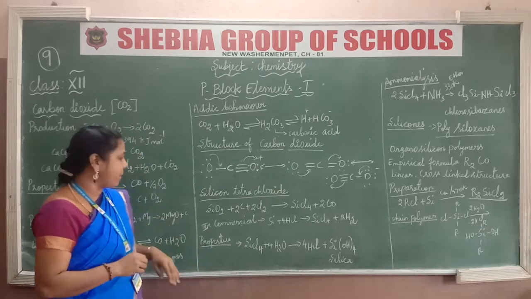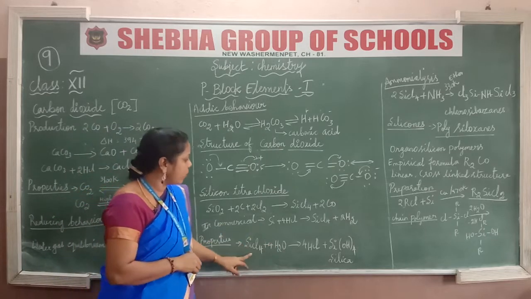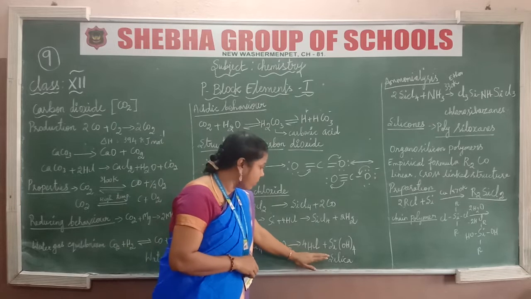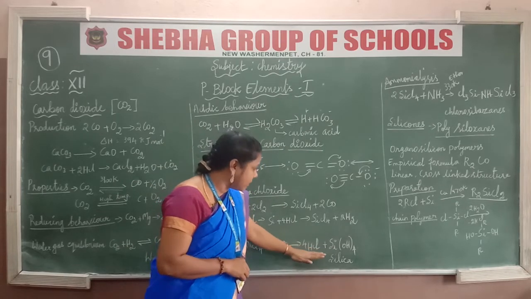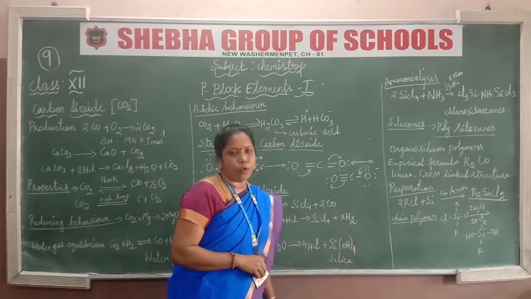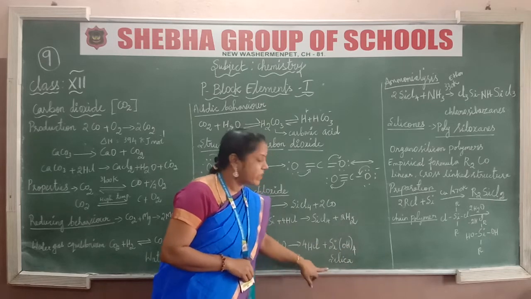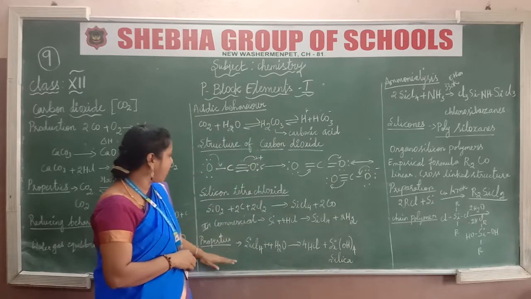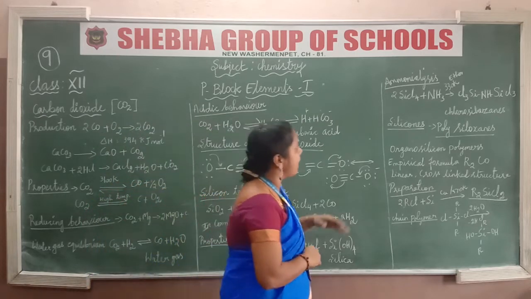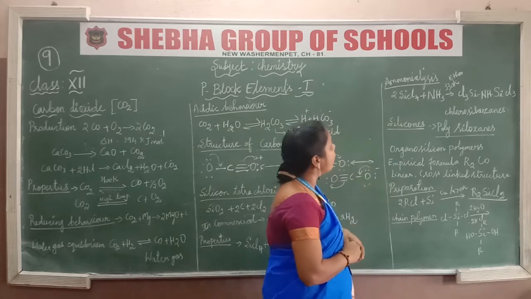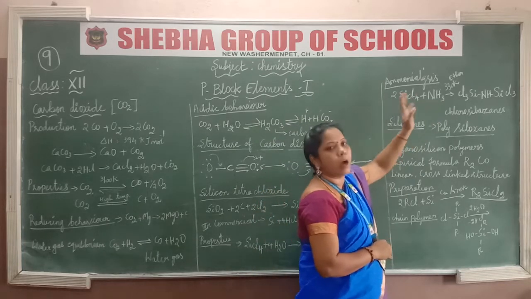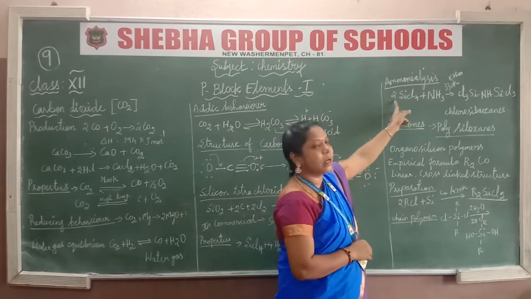In these properties, it connects with 4 water molecules and then we get 4 molecules of hydrochloric acid and then silica, that is SiO4, also called silica. Okay, this is the properties of silicon tetrachloride. And we go for another equation for ammonolysis. Ammonolysis means we have to add the ammonia substance to the silicon tetrachloride.